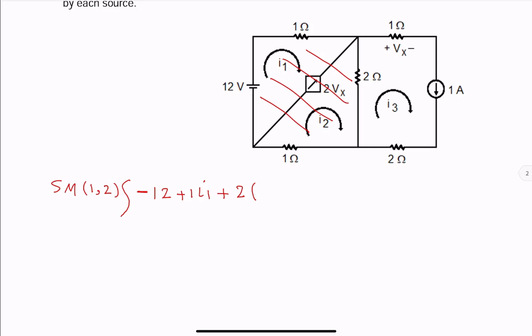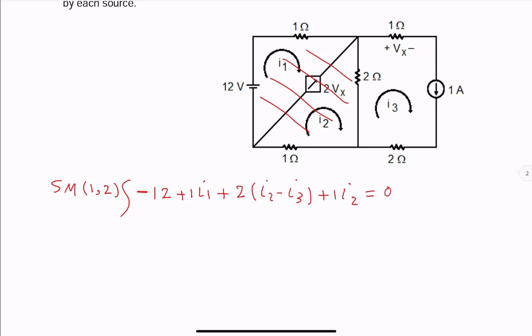We find it from mesh currents. So that's I2 minus I3. And finally, at the bottom, 1 ohm resistor, current I2, equal to 0.